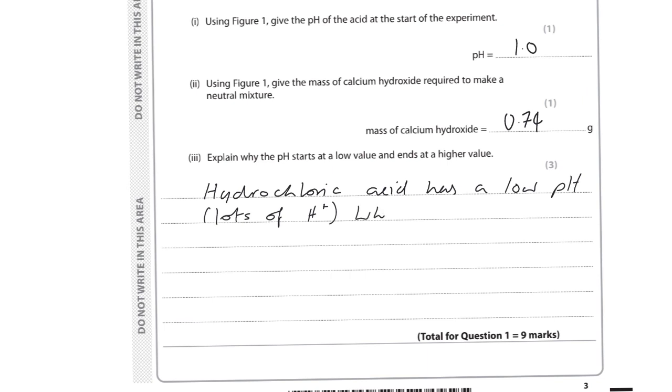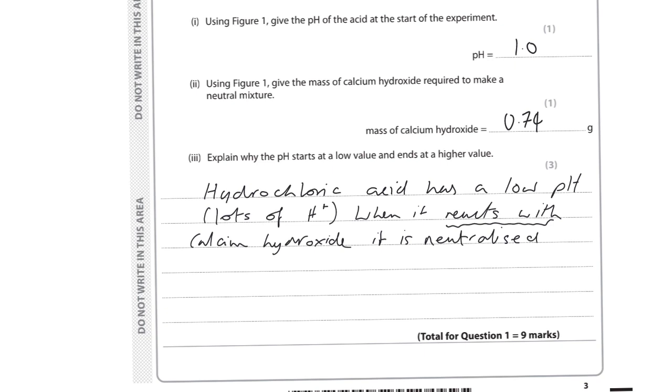Now, when it reacts with the calcium hydroxide, and there I've said it reacts with, that's a key idea to get over, is that it's not just that you're adding an alkali to it, the acid reacts with the alkali, and it is neutralized. It is neutralized, and that got you the second mark.